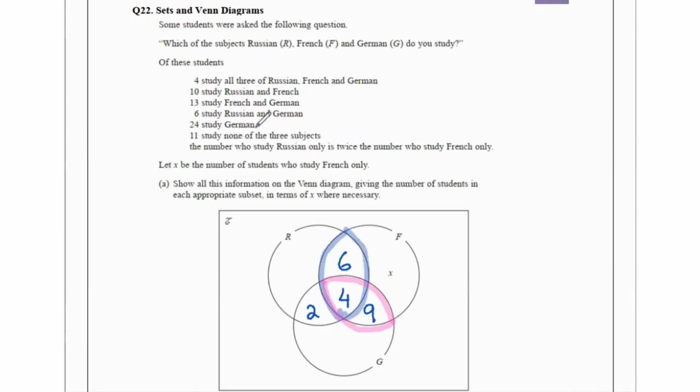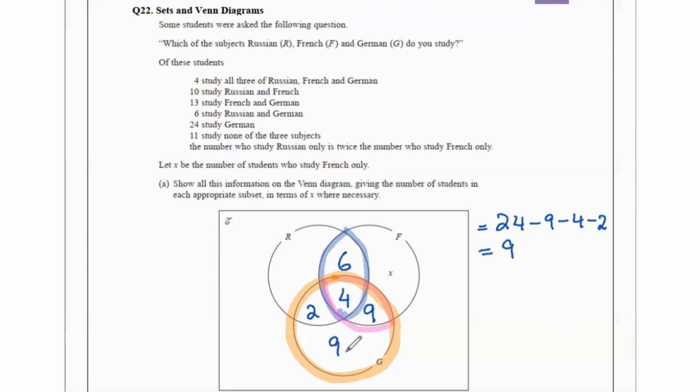Now it says 24 study German. So when it says 24 study German, that means the entire circle for German is going to be 24. We already have a part of that 24 in the form of 2, 4, and 9. So we do 24 minus 9 minus 4 minus 2, and that leaves us with 9.